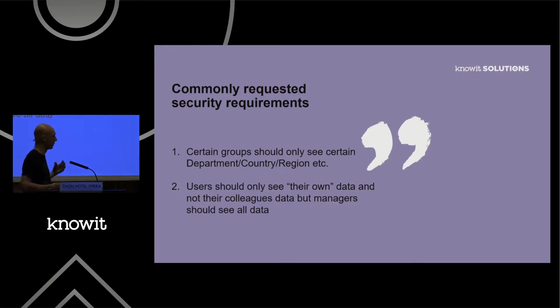So in order to achieve both of these requirements, I'm going to introduce a basic security concept that is both in Power BI and also Microsoft SSAS, SQL Server Analysis Services, which is basically the engine that works within Power BI as well.